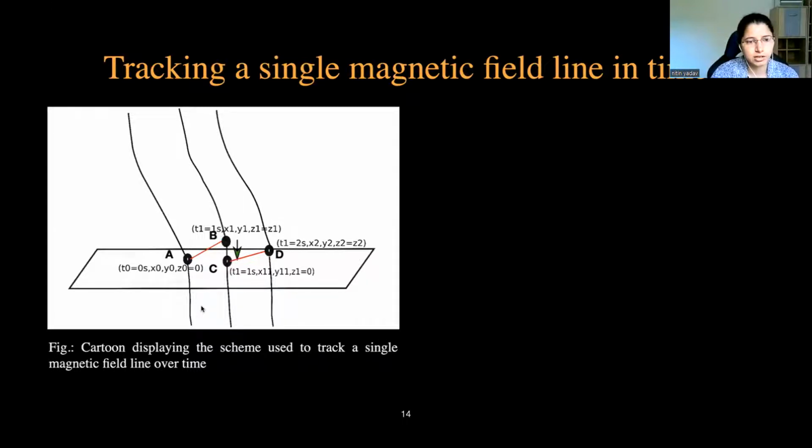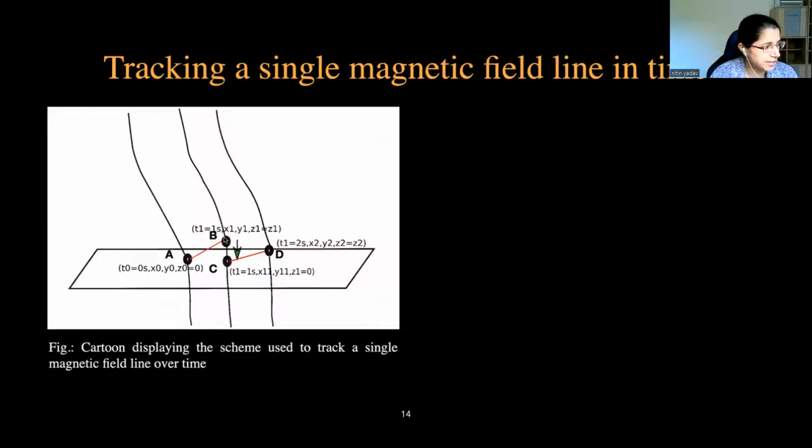Then we use the velocity vector at this initial location to calculate the displacement of each seed point by integrating in time. In this, we are assuming that the velocity is not changing much in 1 second because we have data at 1 second cadence. Now let's assume that it reached a new location B, which need not necessarily be on the surface. It can be above or it can be below.